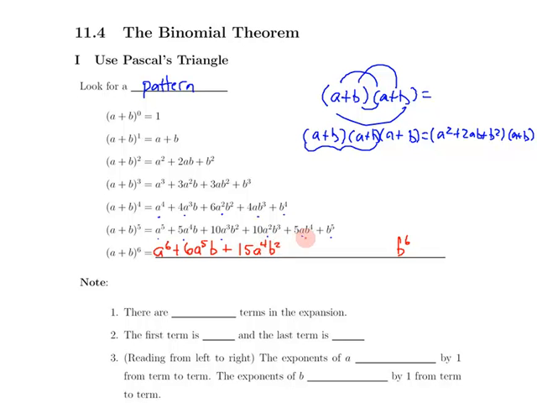Now, I don't want you to feel bad if you don't see where all of this came from. I want to identify some important properties or patterns that I recognize that allow me to get this far. Plus 20 a cubed b cubed plus 15 a squared b to the fourth.